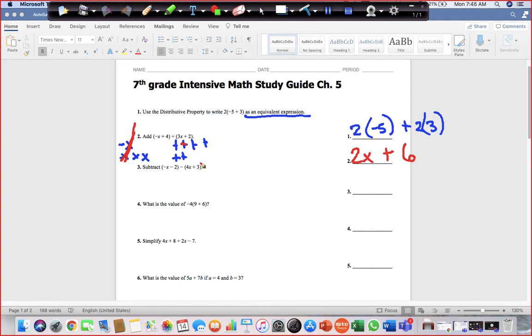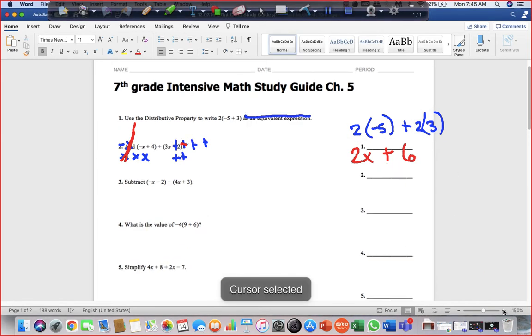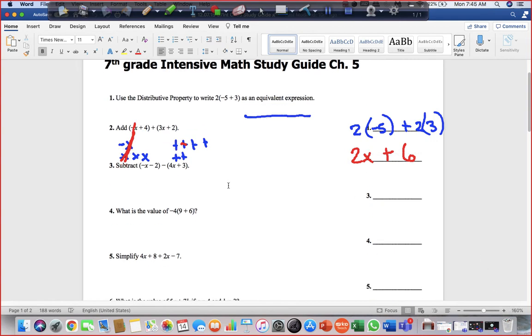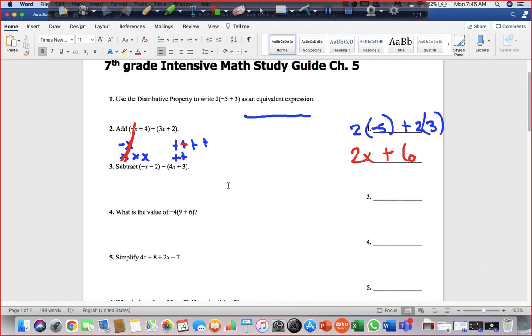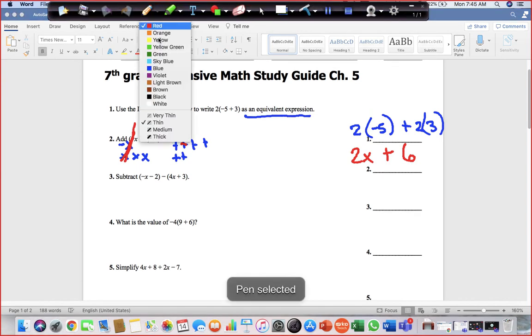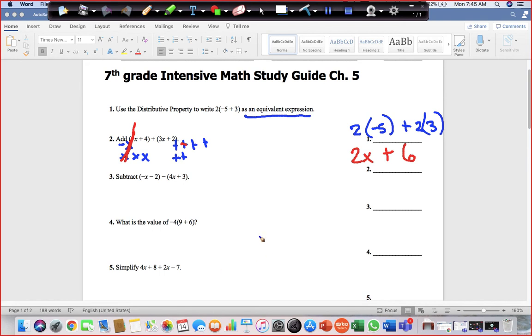Okay, for the subtraction one, first, let's do this on a different page.